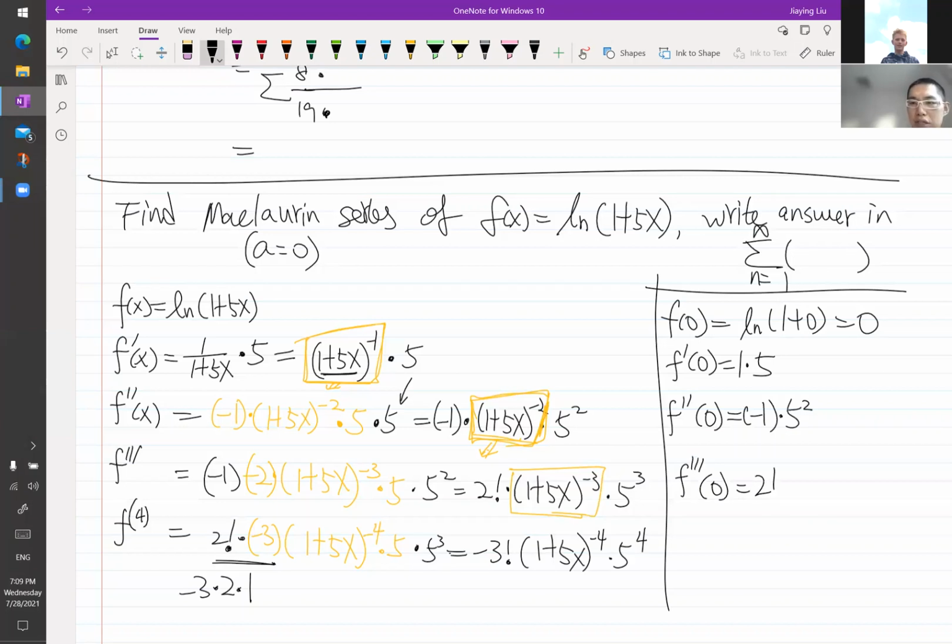So I get 2 factorial, a positive 2 factorial, times 5 cubed. And then for the next term, I didn't box it, but this part becomes 1. So I have -3 factorial times 5 to the 4th.